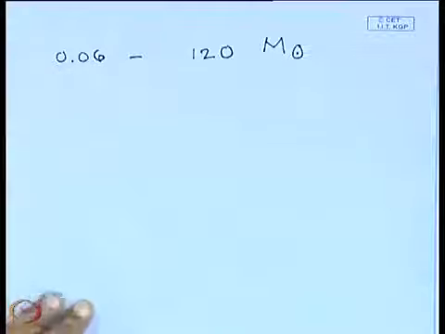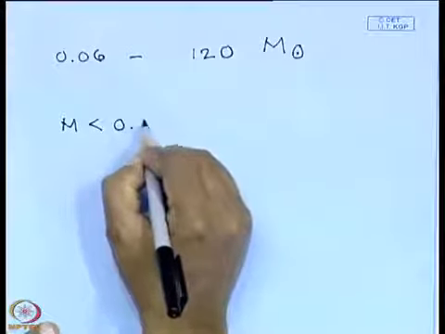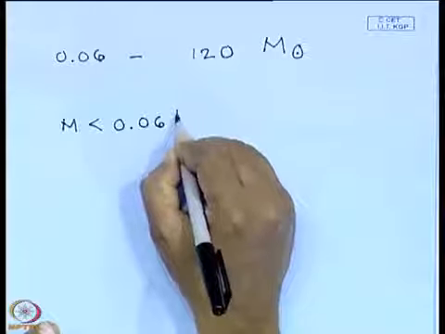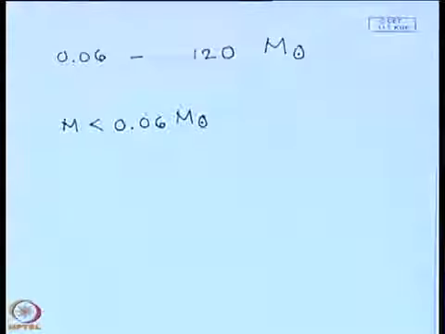What happens for masses which are smaller or larger than this? Suppose I take a star whose mass is less than 0.06 solar masses and apply the equations of hydrostatic equilibrium, the mass distribution, luminosity distribution, etc., and solve them.